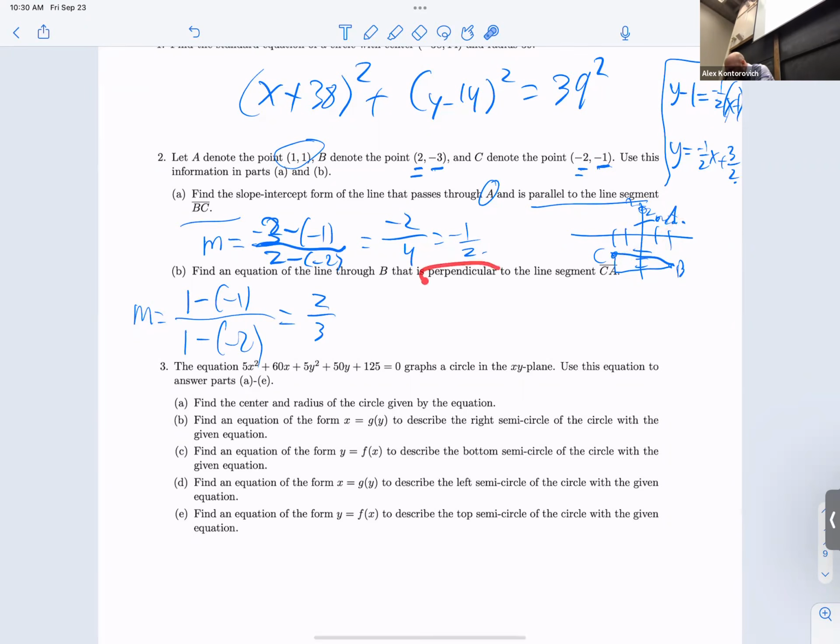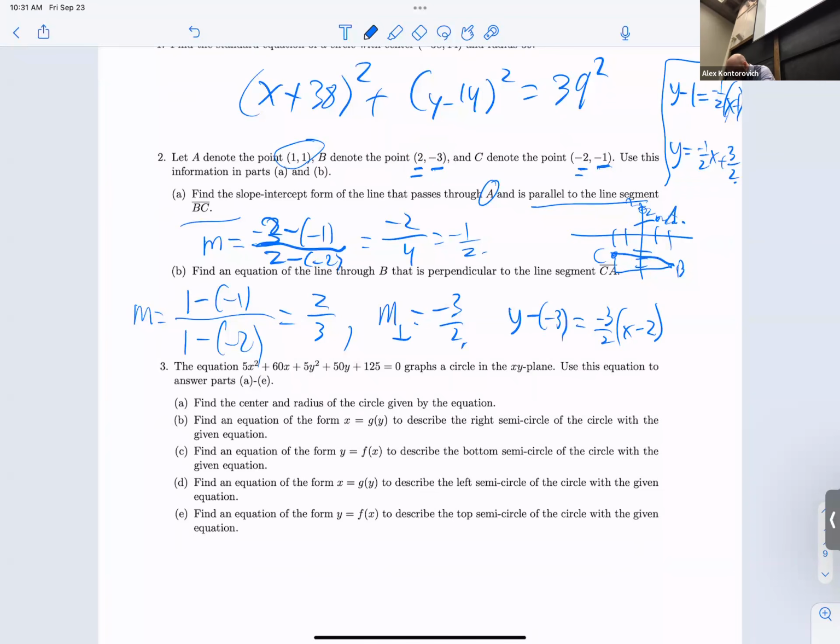But I want the line perpendicular, so the perpendicular slope will be the negative reciprocal, negative 3/2. And it goes through the point B. So y minus negative 3 is equal to negative 3/2 times x minus 2.